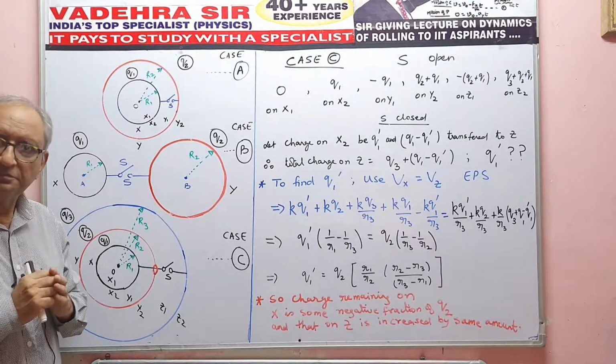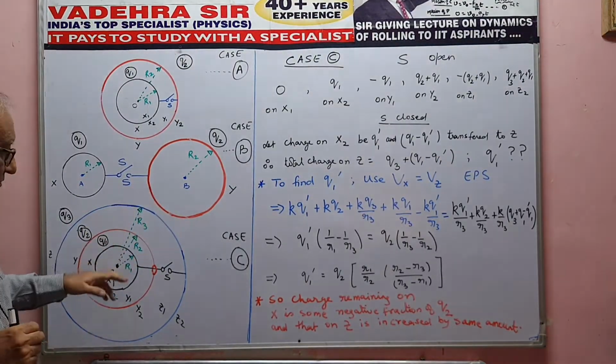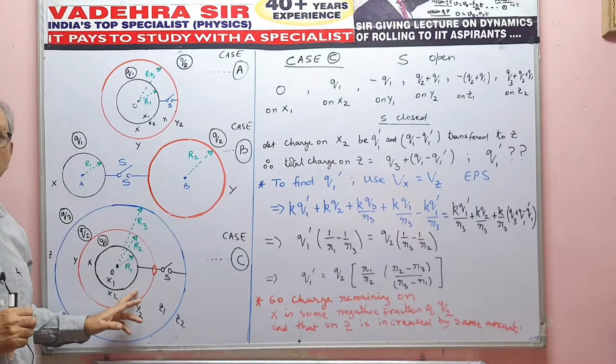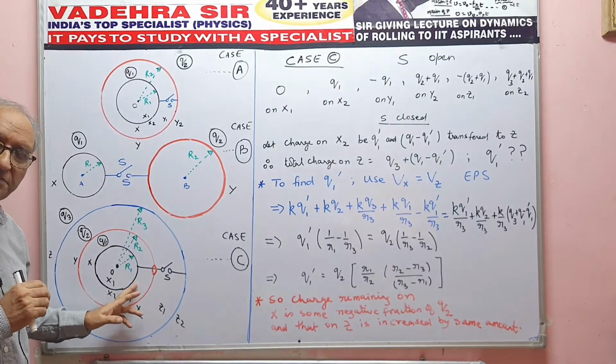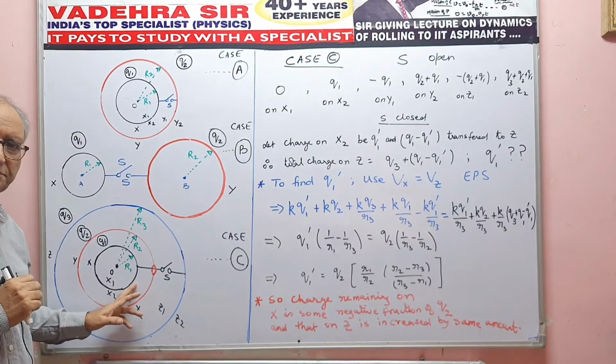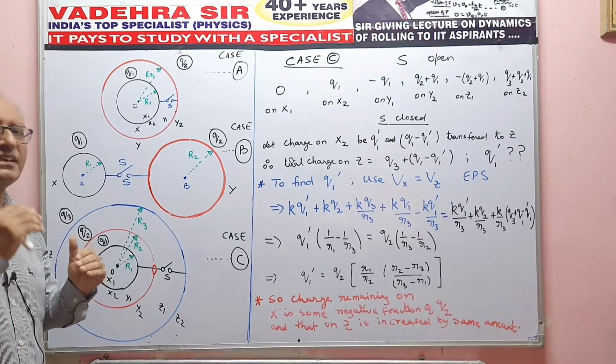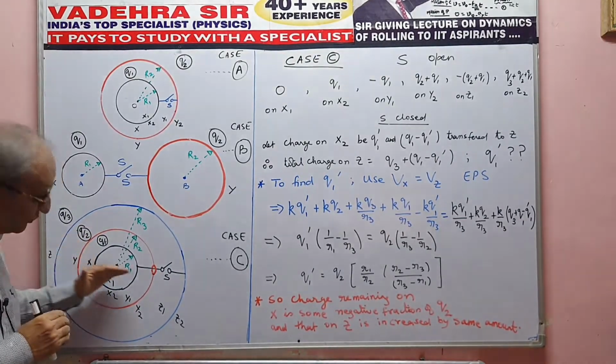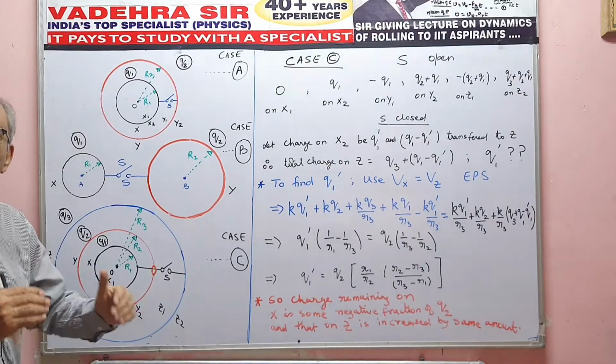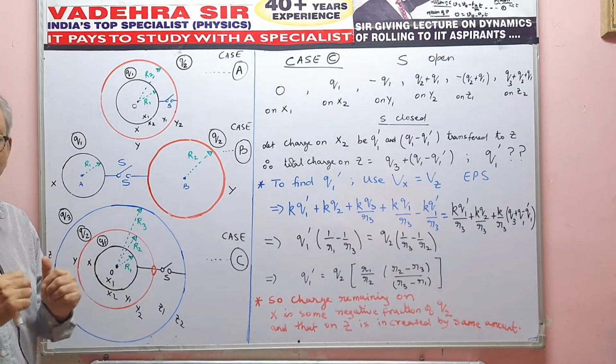Let the charge remaining on X be Q1 dash, and the remaining charge, that is Q1 minus Q1 dash, flows through and goes to the plate Z.